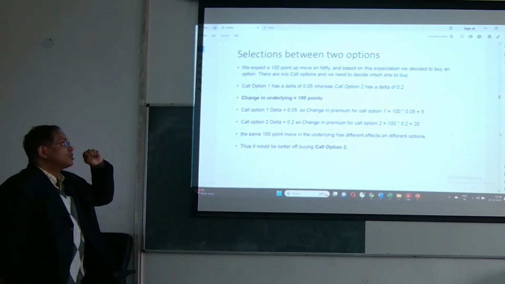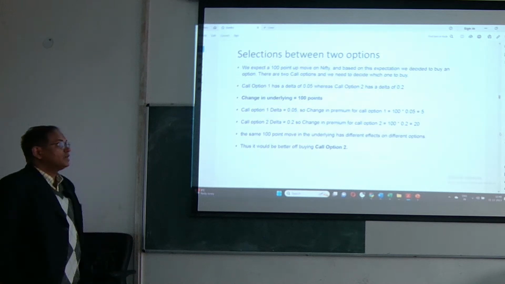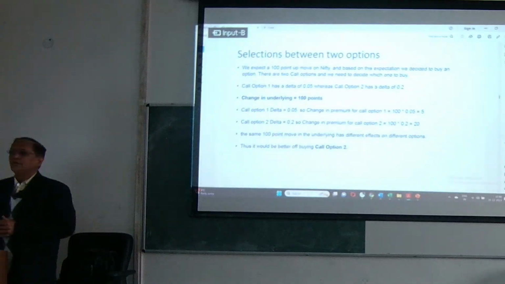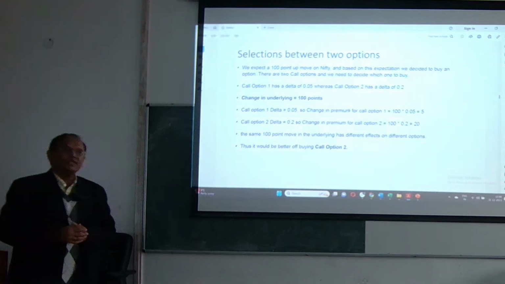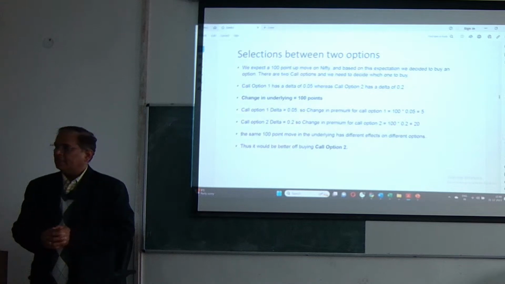So it says we expect a 100-point up move on Nifty, and based on these expectations we decided to buy an option. There are two call options and we need to decide which one to buy. Call option 1 has a delta of 0.05, whereas call option 2 has a delta of 0.2. तो कौन सा आप लेंगे? सीधी सी बात है, जिसका डेल्टा बड़ा होगा उसको ले लेंगे. Is it clear?